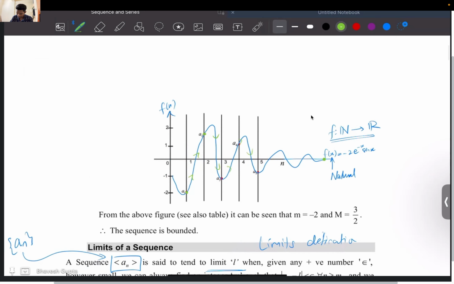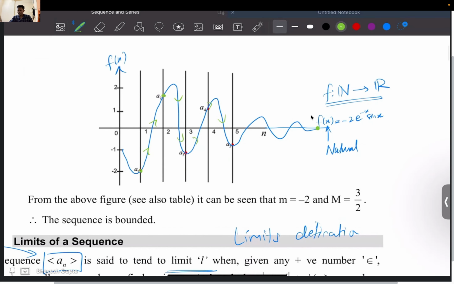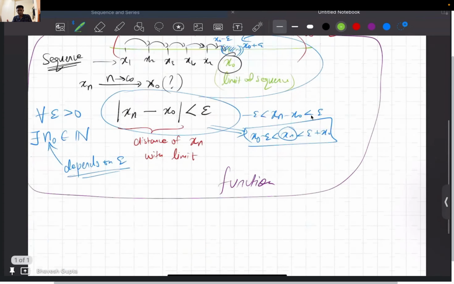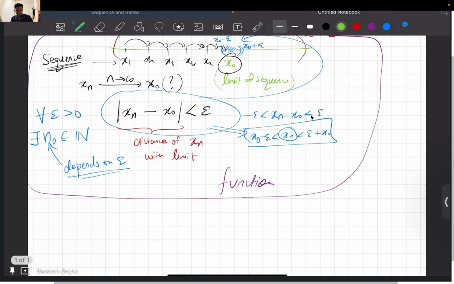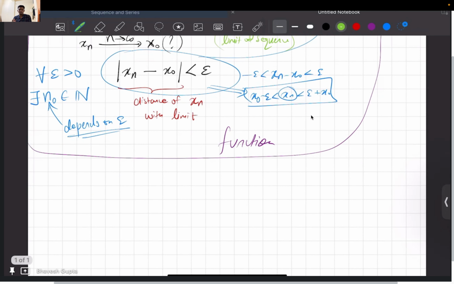Yes, sir. So the main idea is that you have to see the distance between the elements. If the distance is getting closer and closer, we can expect some convergence. If the distance is not getting closer and closer, then it's very hard to see any convergence. For example, in the oscillatory case, +1 -1 +1 -1.